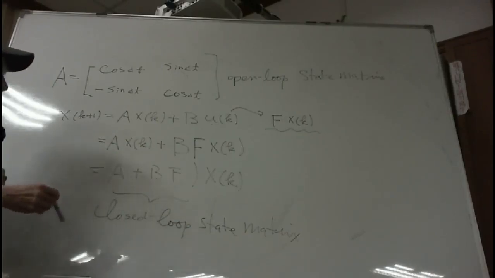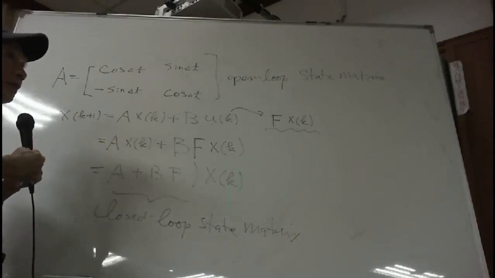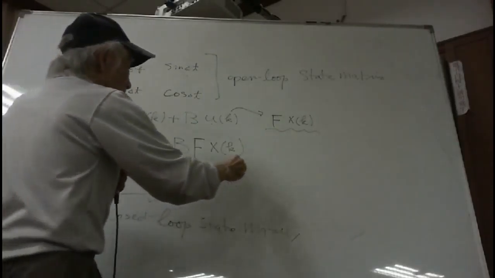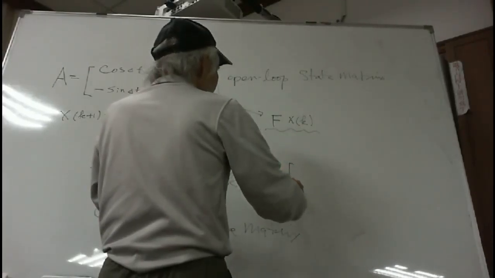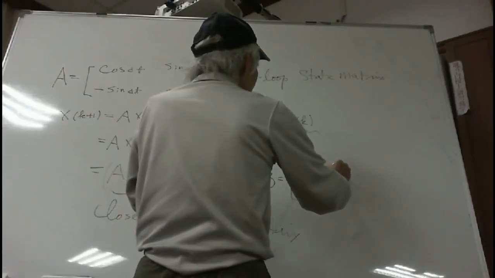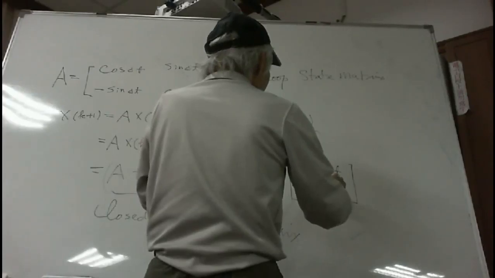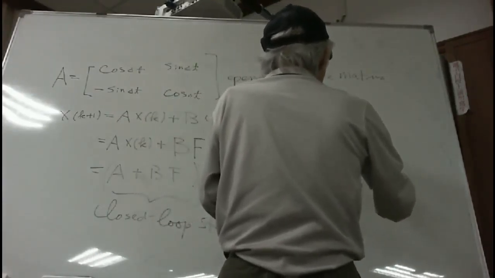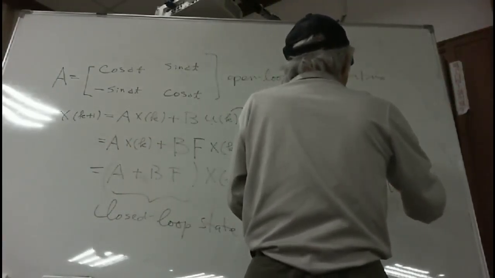All right. So you substitute B there. This B is 1 minus cosine delta t, sine delta t. F equal to here F1, F2.